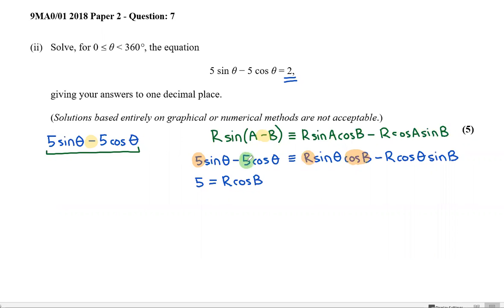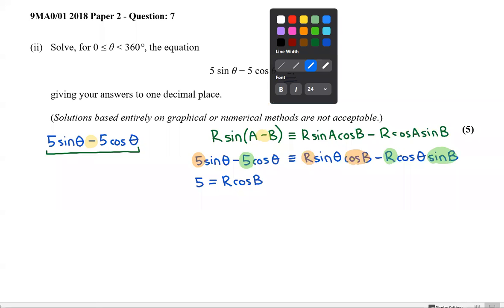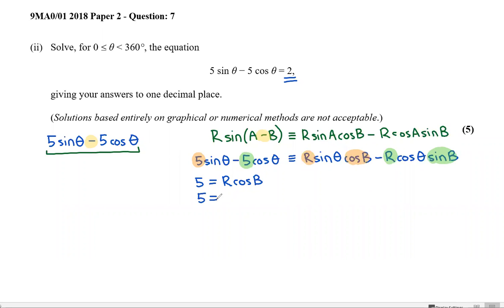I'm going to ignore the negative sign because I also have a negative sign on the right hand side, so that doesn't matter. So the cos theta coefficient of 5 has to correspond to r sine b. So I'm going to write that down as well as my second equation: 5 is equal to r sine b. So this is going to be equation 1.